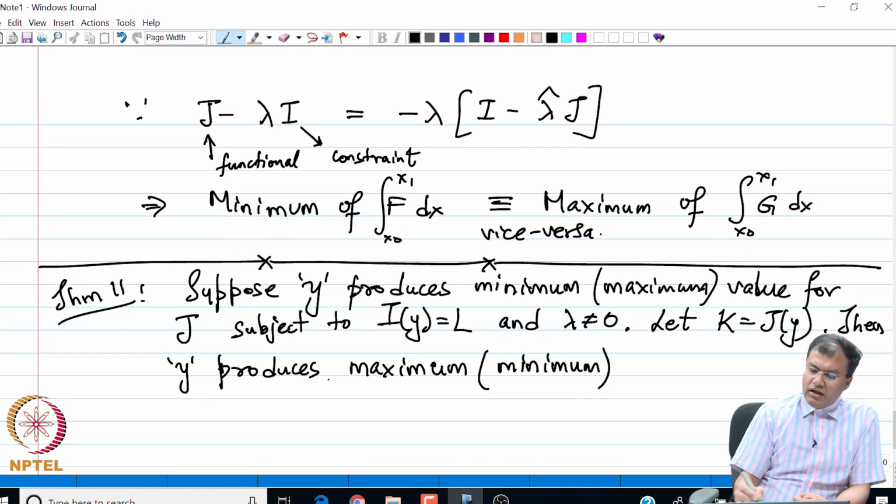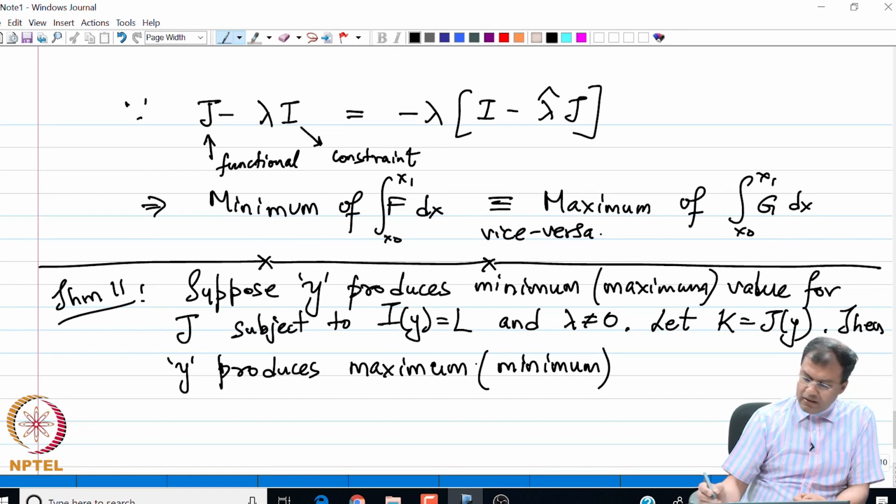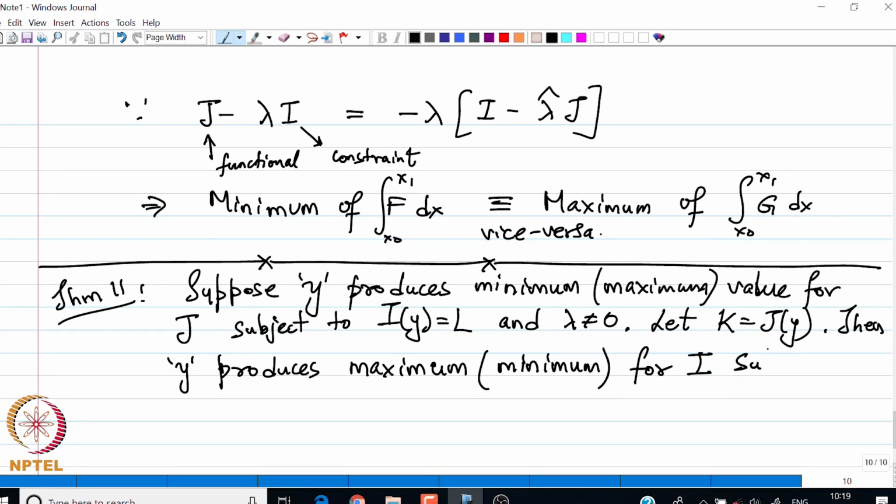So, the roles are reversed. So, y produces a maximum for I subject to the constraint J of y equal to K. Now the constraint is J and the functional is I.